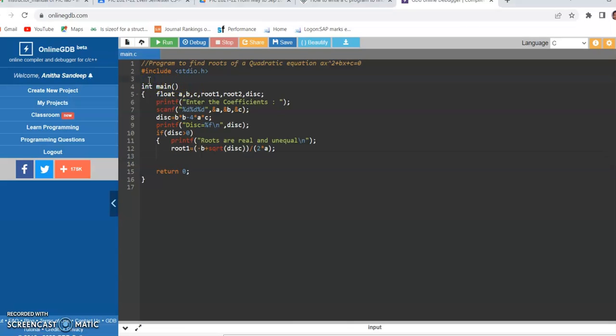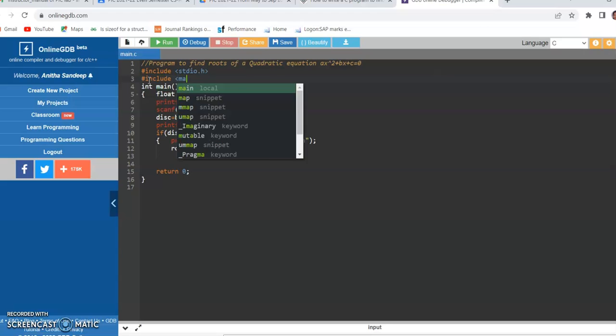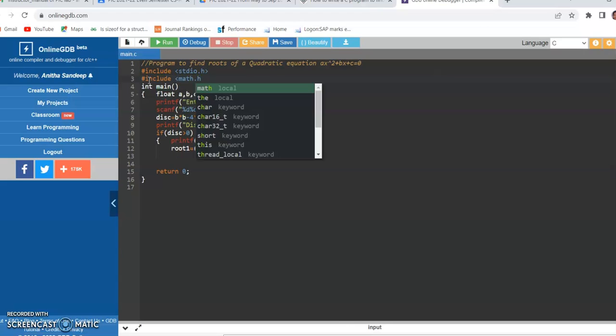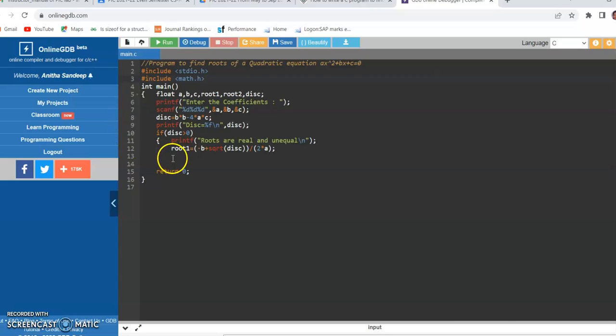Next, since you are using the sqrt function, you have to include #include math.h. Similarly, root 2 will be minus b minus sqrt of b square minus 4ac divided by 2a.